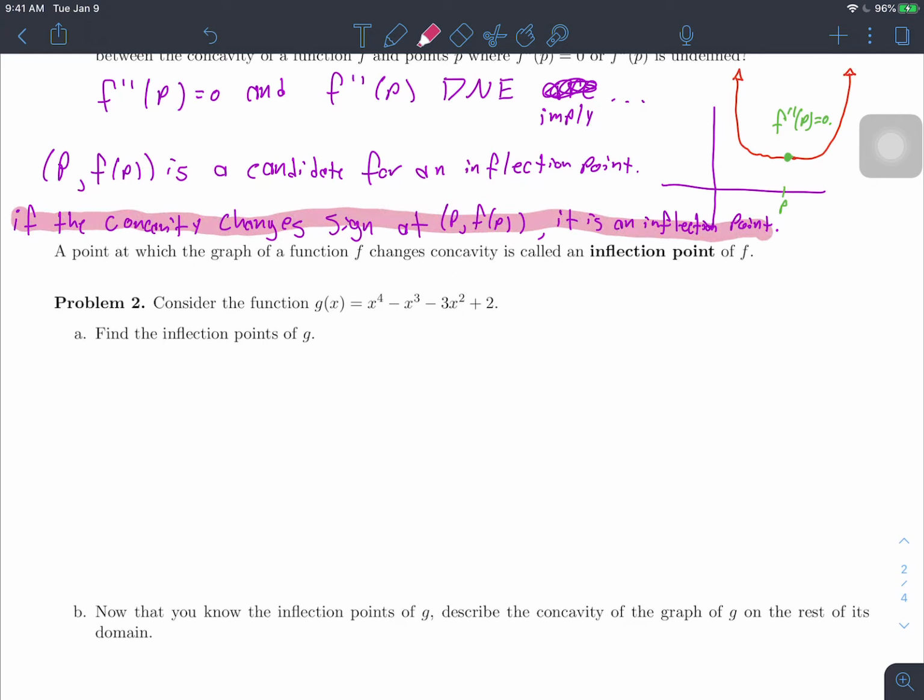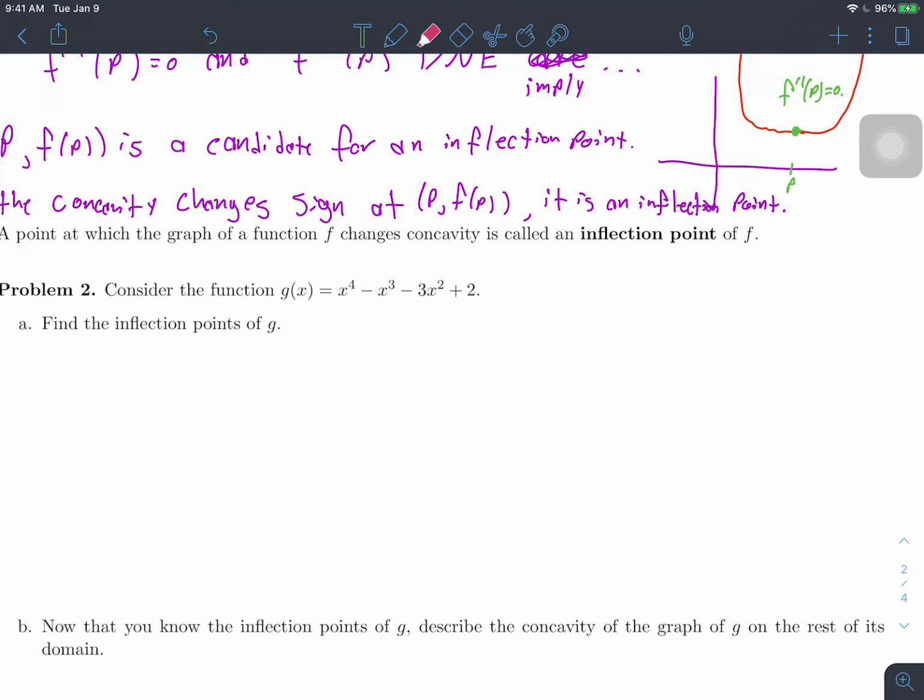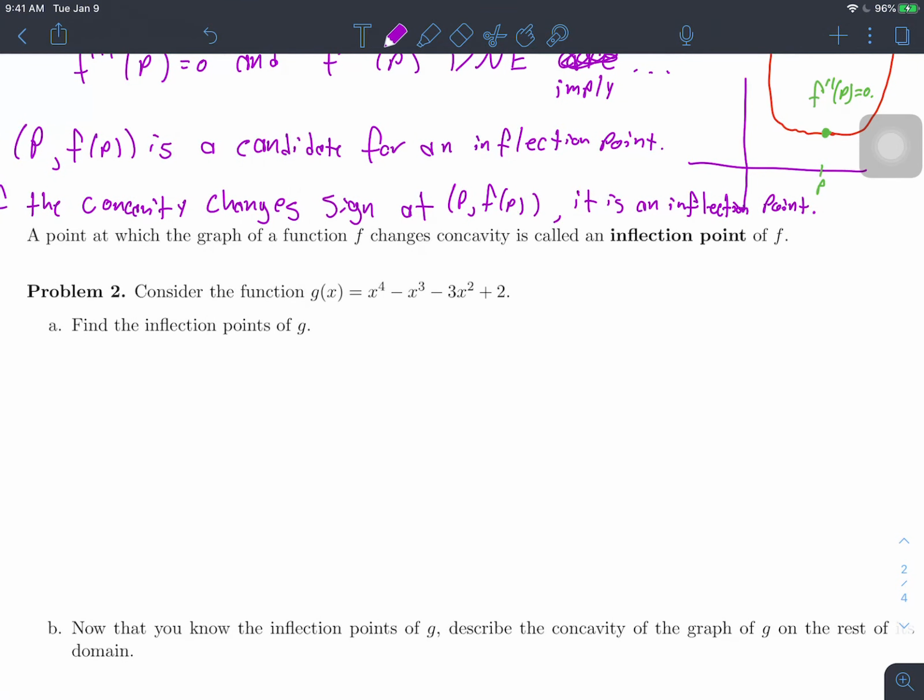Namely, does the concavity change from one side to the other? That's what we'll need to check. So the first thing that we'll need to do is compute the derivative of g of x. What are we going to get? Power rule 4x cubed, power rule 3x squared, power rule 6x, constant rule plus 0.